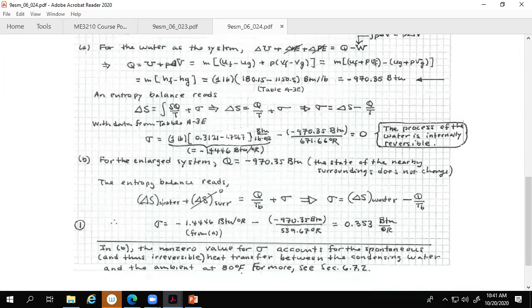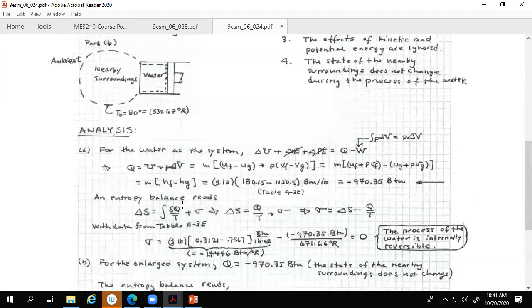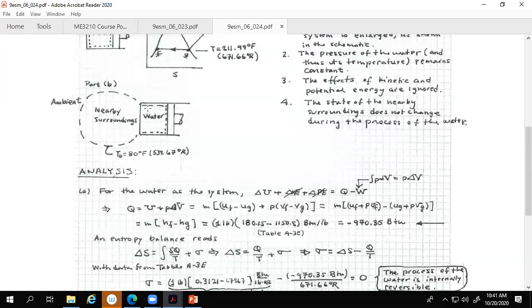Now for condition B, we have a different situation. This heat transfer from this high temperature out to here is internal to the system. It doesn't cross the system boundary. So for the entropy production, only the heat transfer that crosses the system boundary counts, and that occurs out here far enough away that it occurs at 80 degrees, not at the temperature in here, because all of this is insulated.